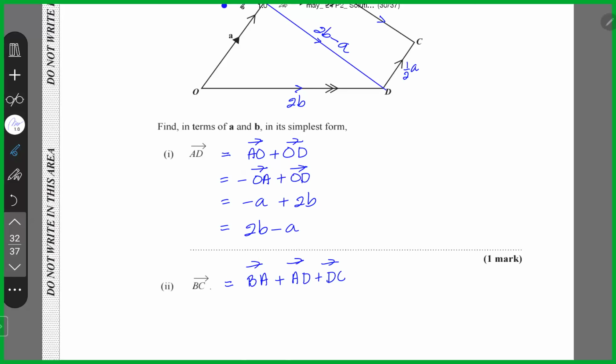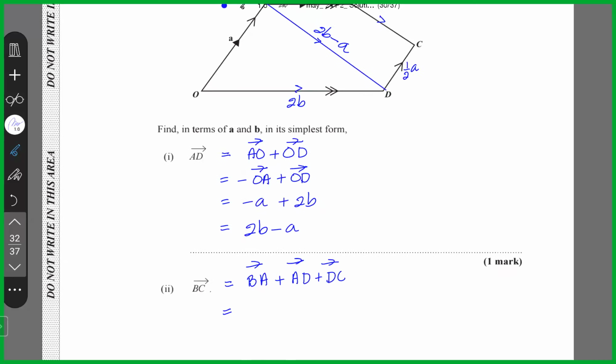And that gives me BC. Notice I started with B, and I ended with C. This is called the polygon law of vectors.